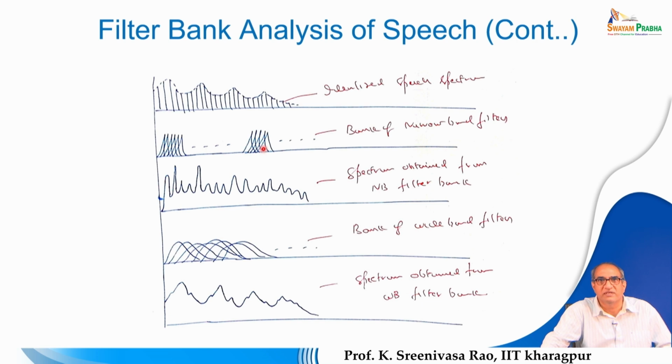You can see that for narrowband filters the filter bandwidth is very small and the amount of overlap is also very less, whereas for wideband filters the filter bandwidth is larger and there is a lot of overlap. Therefore, if you analyze the output of the narrowband filter bank versus the wideband filter bank, the output of the wideband filter bank is observed to be much smoother compared to the narrowband filters.